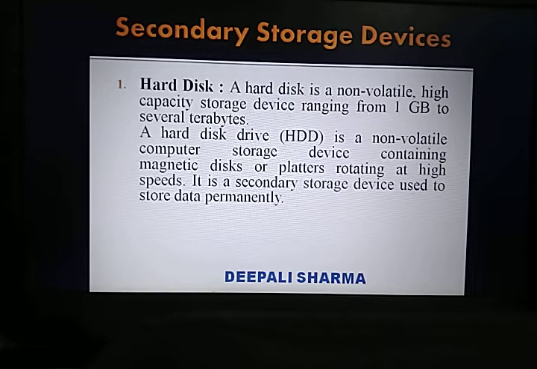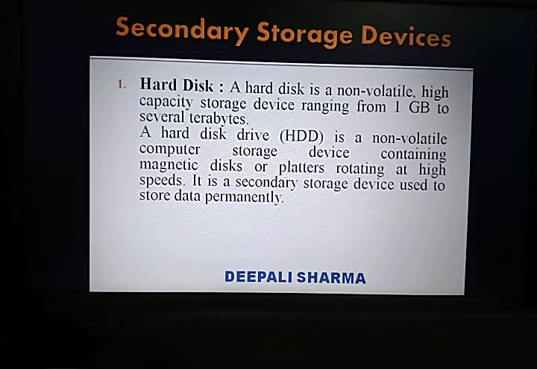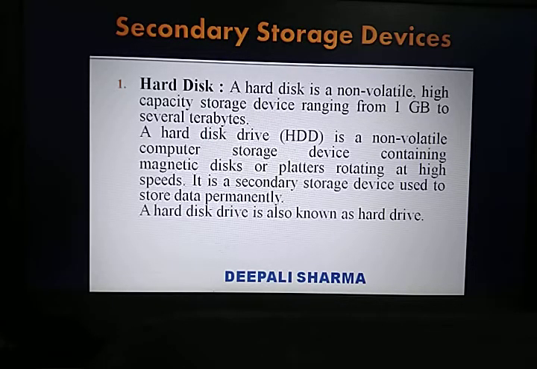You are not going to learn about the hard disk in detail. You can just learn that a hard disk is a non-volatile high capacity storage device in which you can store data, ranging from 1 GB to several terabytes. The next point is that a hard disk is also known as a hard drive. So let's move on to the next slide.